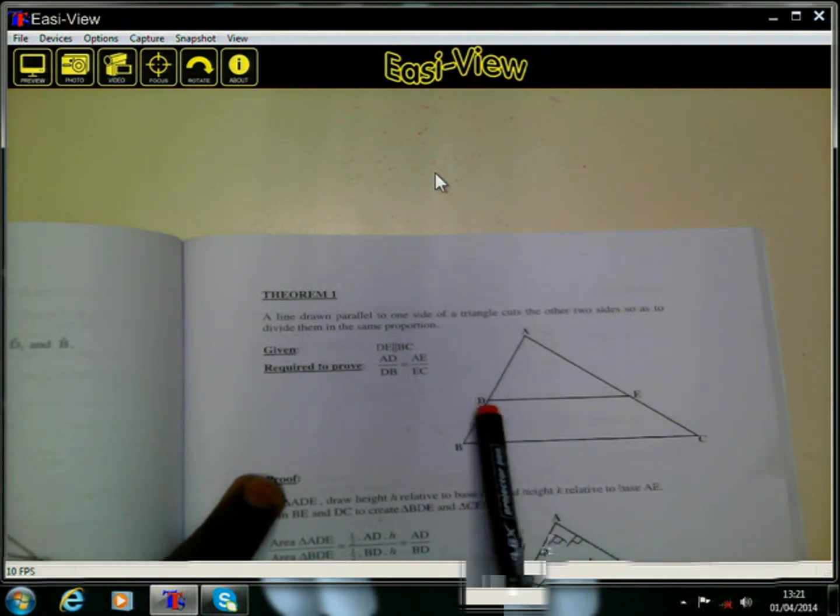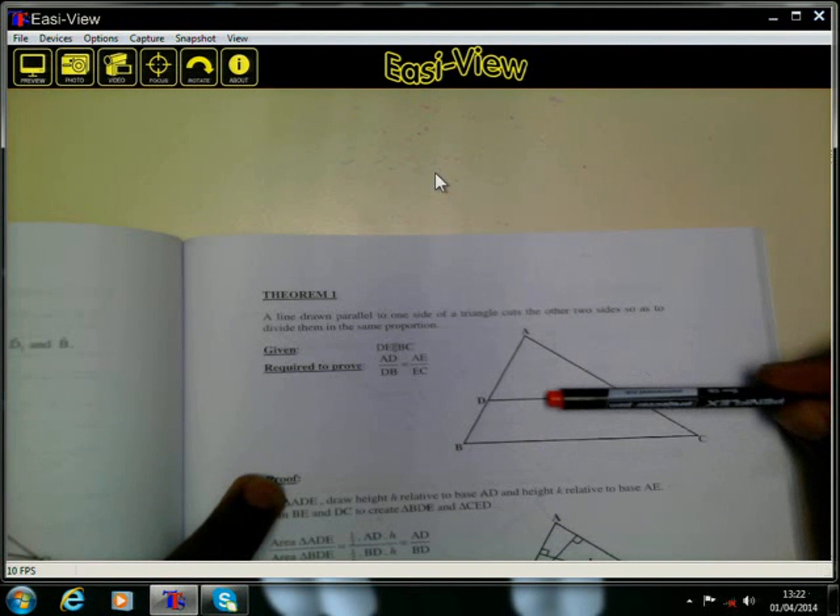And that line DE must be parallel to the other side. D is produced at side AB and E is produced at AC, such that when you join them, they make these two parallel.